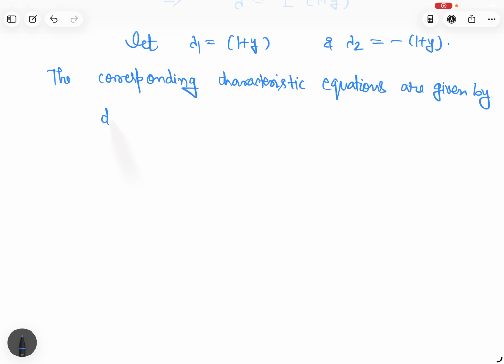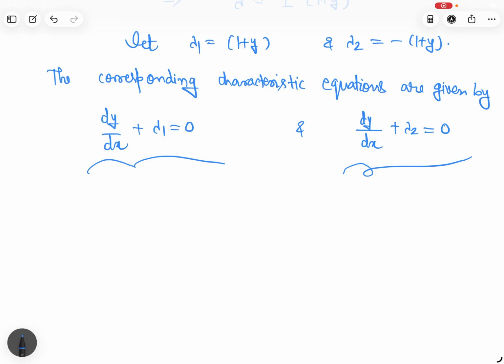I told you that dy upon dx plus lambda 1 is equal to 0, and the second characteristic equation will be given by dy upon dx plus lambda 2 is equal to 0. So put the value of lambda 1 here, and put the value of lambda 2 here. Lambda 1 value is square root of 1 plus y, and lambda 2 value is minus square root of 1 plus y, equal to 0.